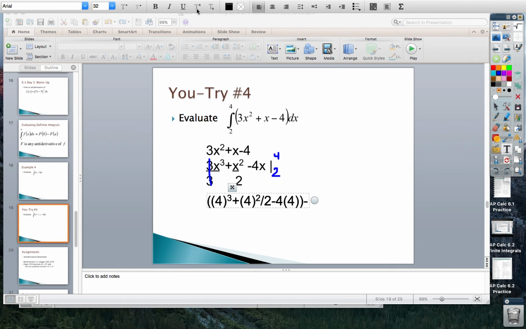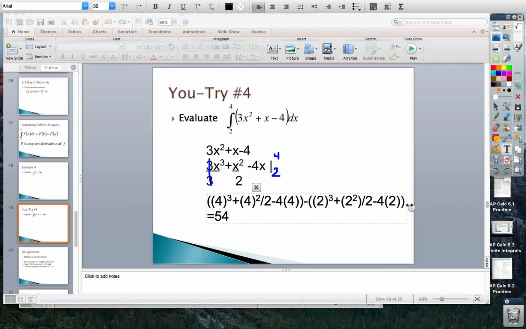Remember, we have to subtract that from our lower limit. So our lower limit is going to include the 2. So it's going to be 2 cubed plus 2 squared divided by 2 minus 4 times 2. And when you work this out, it turns out to be 54.